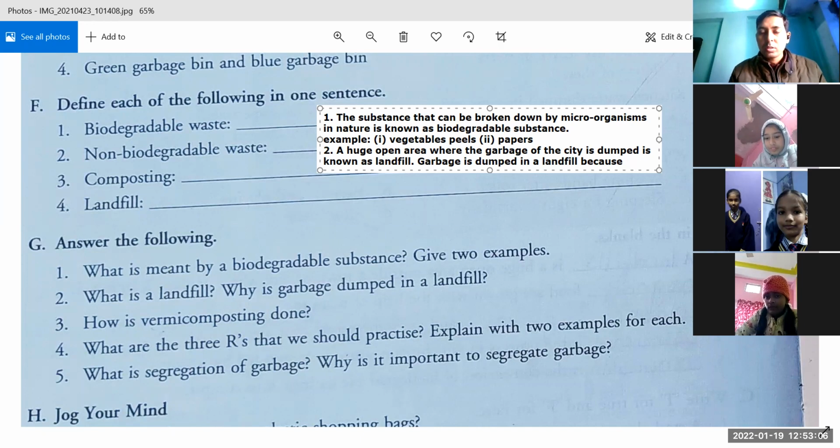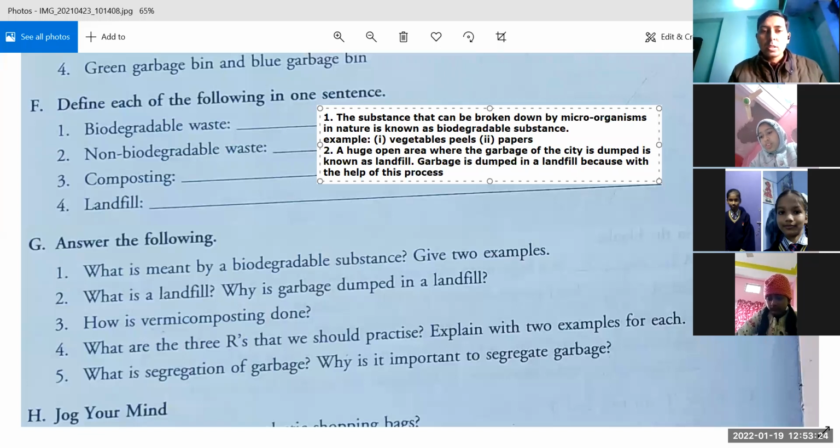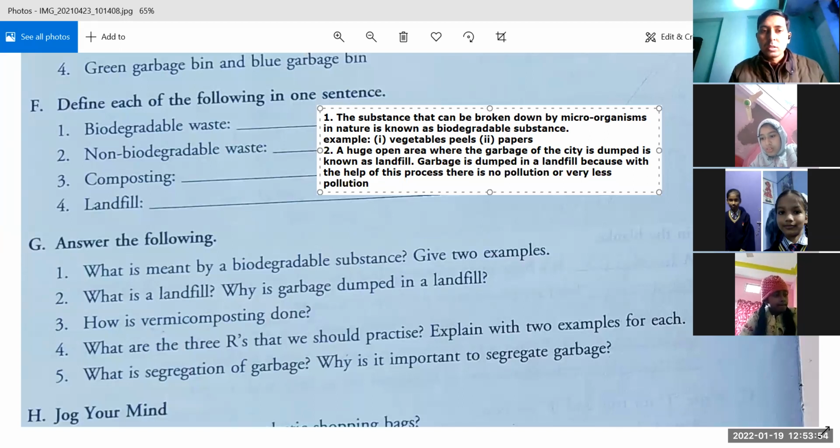with the help of this process there is no pollution or very less pollution is there in the nature.